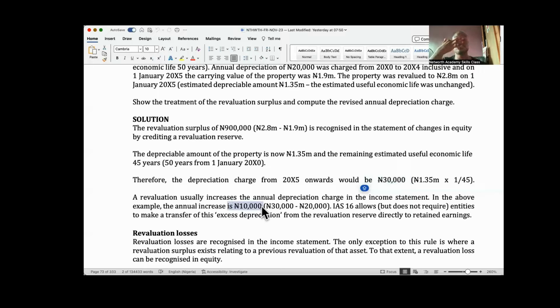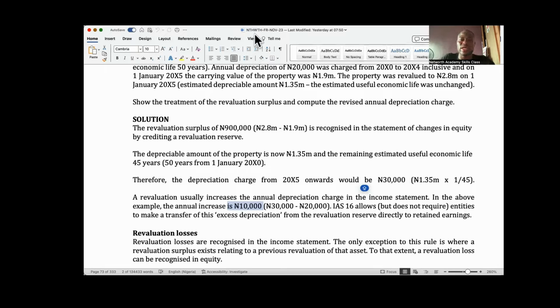And this excess depreciation, IAS 16 allows, but it doesn't require it. It's not compulsory. What we use this excess depreciation to do is to transfer from our revaluation reserve to retained earnings. It is optional. It's not like it's compulsory that you have to do that.